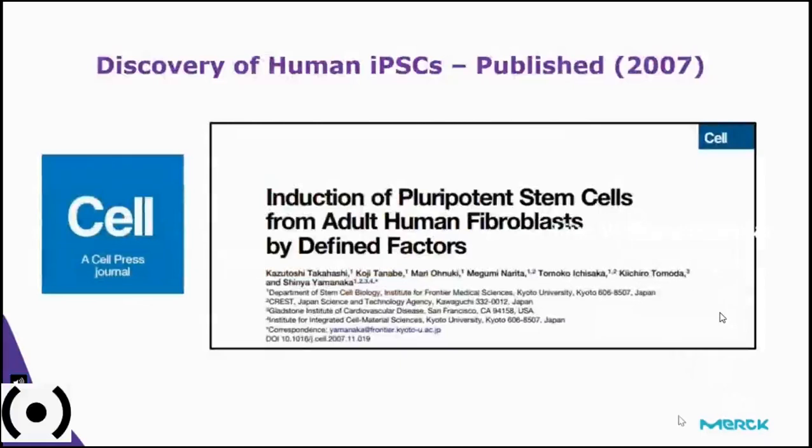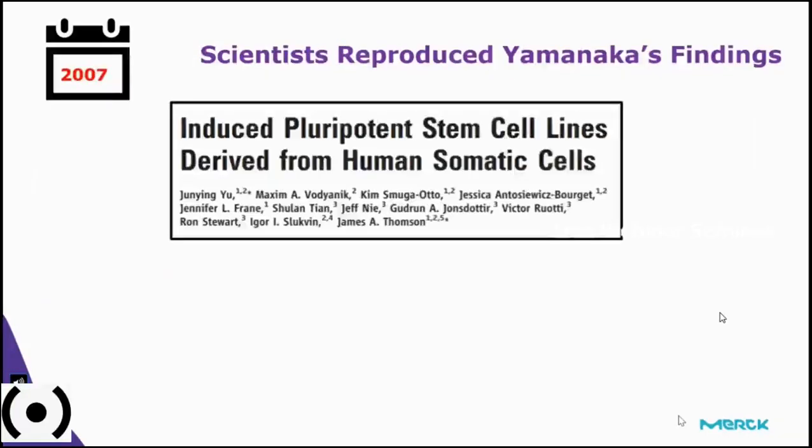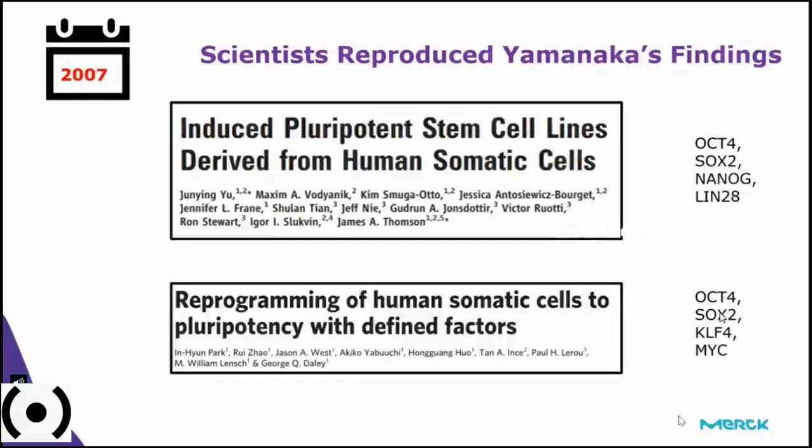And again, he published this finding also in Cell, back-to-back 2 papers: in 2006 on mouse fibroblasts and in 2007 on human fibroblasts. Then scientists started realizing this and began working on those experiments, and soon it was observed that in the same year two other groups performed similar experiments with similar or slightly different factors.